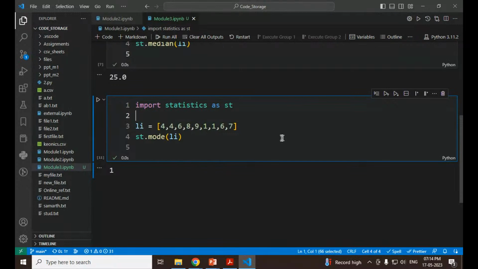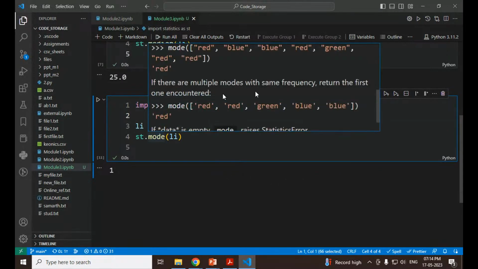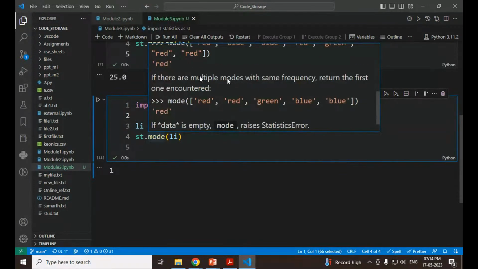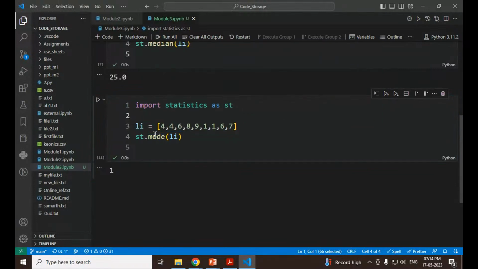If you have the same number of occurrences, the first one will be returned as the outcome. Got it? That's how we are getting the output. 4 is 2 times, 1 is also 2 times, so 4 is given.